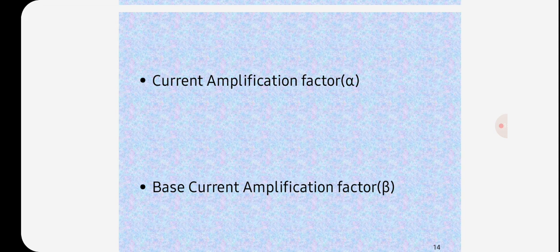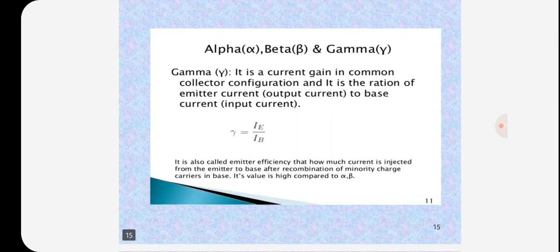So alpha is equal to delta IC by delta IE. The base current amplification factor beta is the ratio of change in collector current to change in base current.